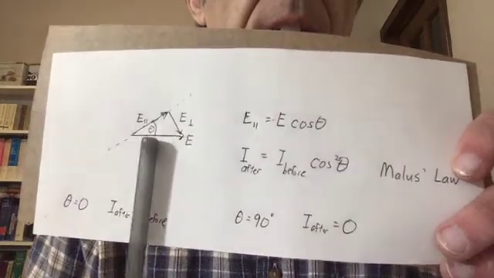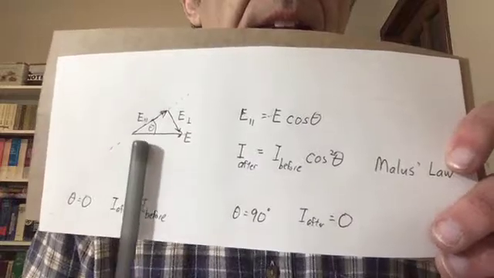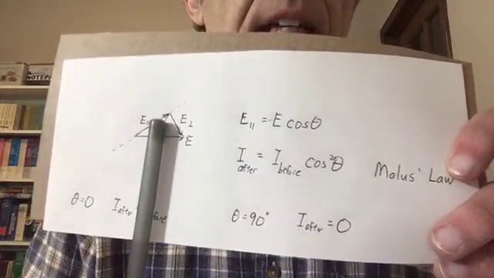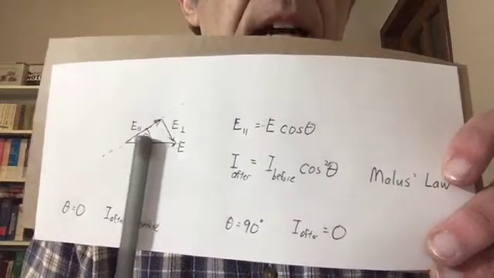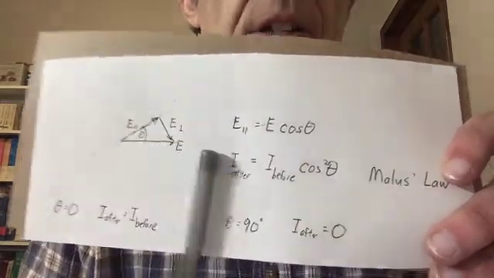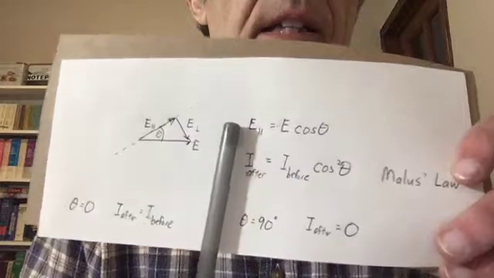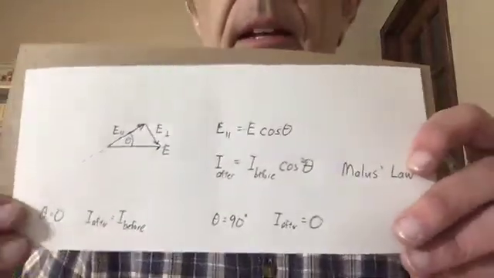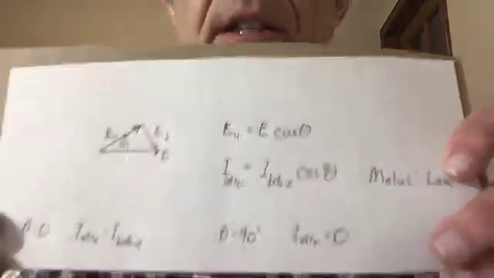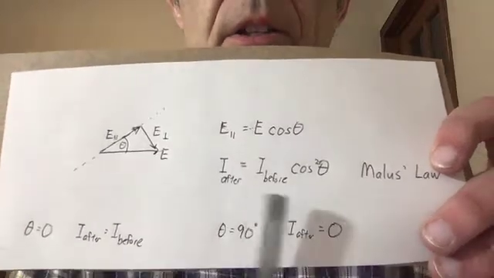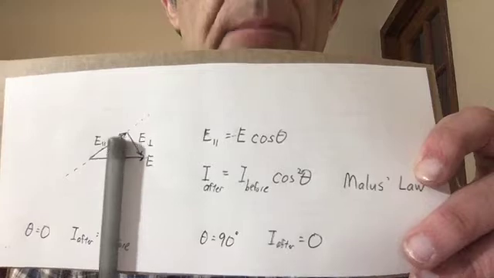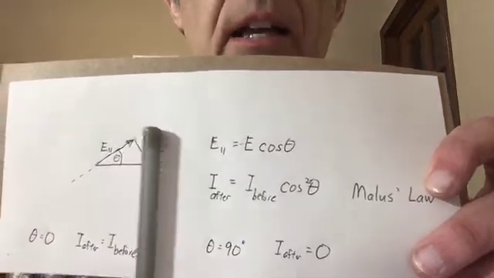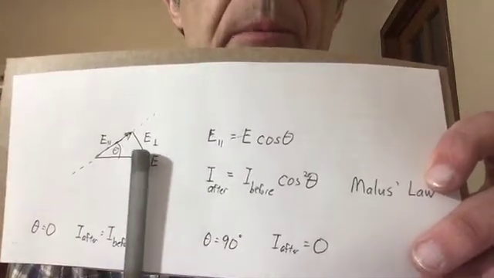This angle theta here is the angle between the horizontal and the axis of the polarizing material. This is now just a triangle, with perpendicular and parallel, so that angle is 90 degrees by construction. That angle is theta. So we can find that the adjacent side, E parallel, is equal to the hypotenuse, E, times cosine of theta. So E parallel is E cosine theta. The intensity goes as the square of the electric field. Since the polarizer is only going to pass light that's along this parallel line, it's going to absorb the perpendicular component.